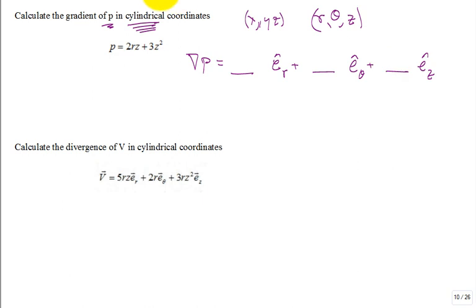All right, what do I put here generically before I try and apply it to this problem? Would this be the partial of P with respect to r? Makes sense. Would this be the partial of P with respect to theta? Would this be the partial of P with respect to z? I have one error.